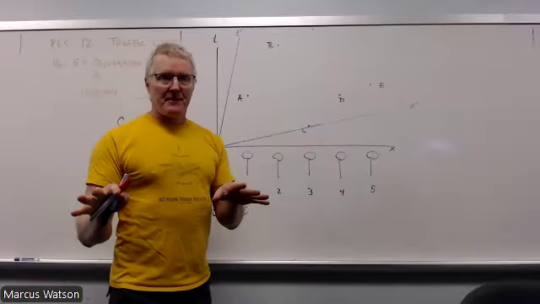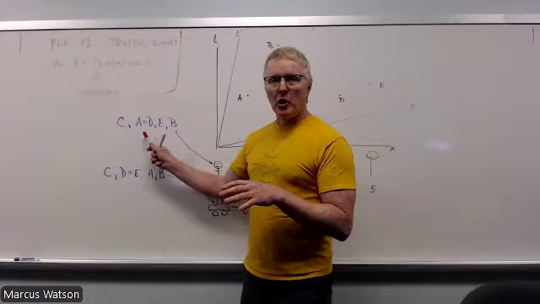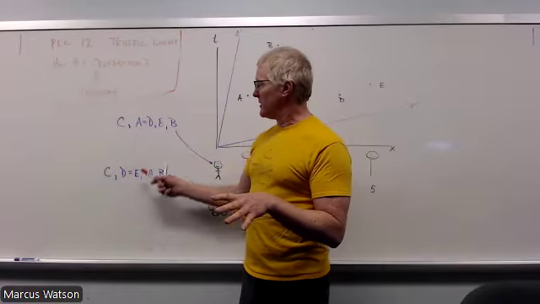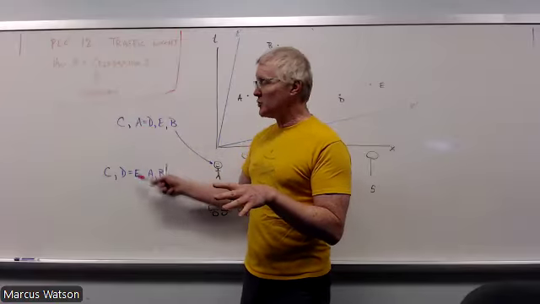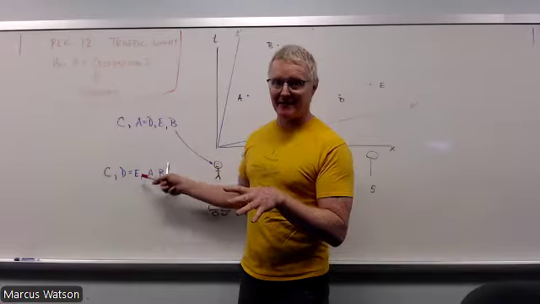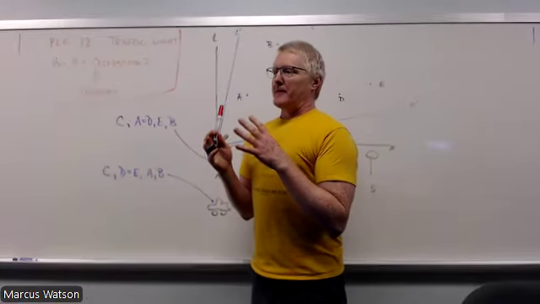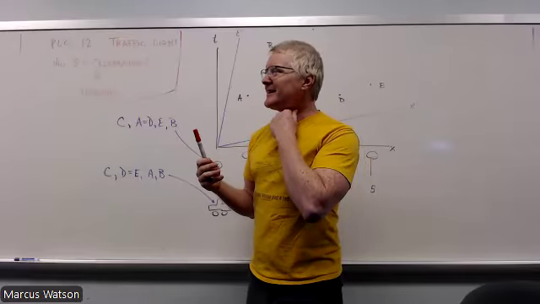Notice, and this is a key piece to special relativity, notice the loss of simultaneity from one frame to another. In other words, things that happen simultaneously in this frame do not happen simultaneously in that frame, and vice versa. That's a key piece.